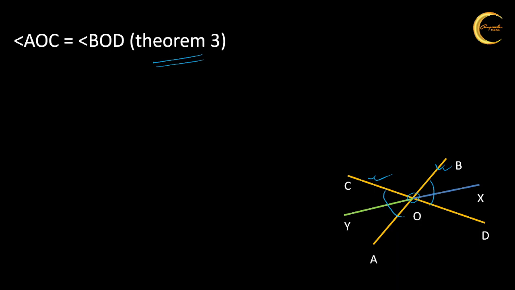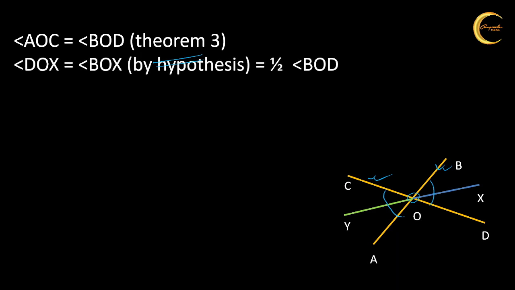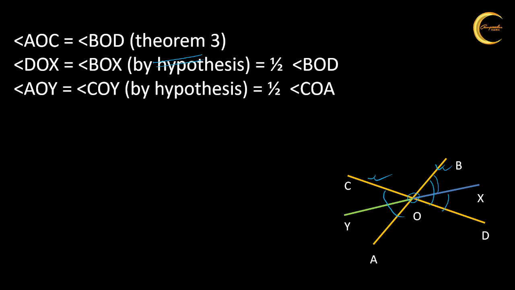Okay. Now this angle DOX and angle BOX, these two angles are equal because it's a bisector. Now again, this angle COY equals angle AOY. This is also equal.